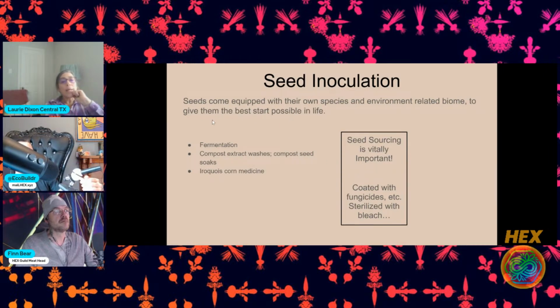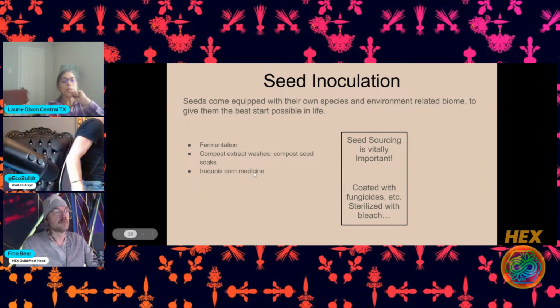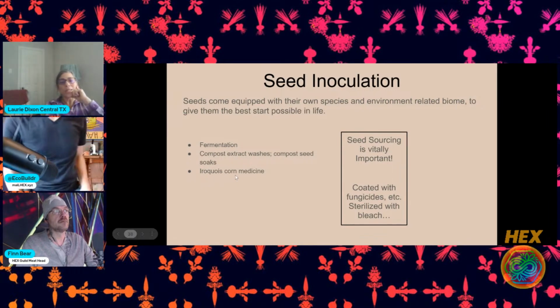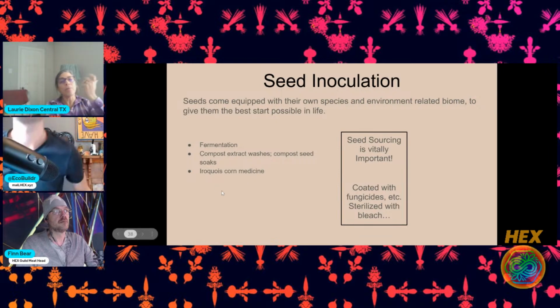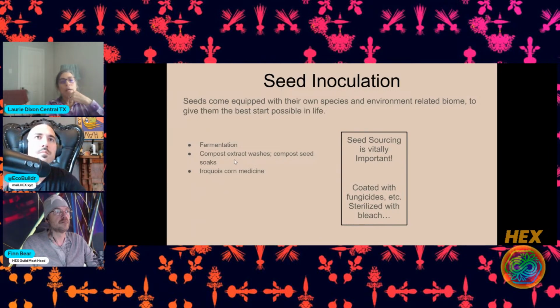And then you can add more biology by doing a fermentation, by doing compost extract washes or seed soaks. If you want to really look into something interesting, Google Iroquois corn medicine, and they were doing this. Basically they would sometimes even spit on the seed, but they treated the seeds in different ways to get that microbiome into the soil.